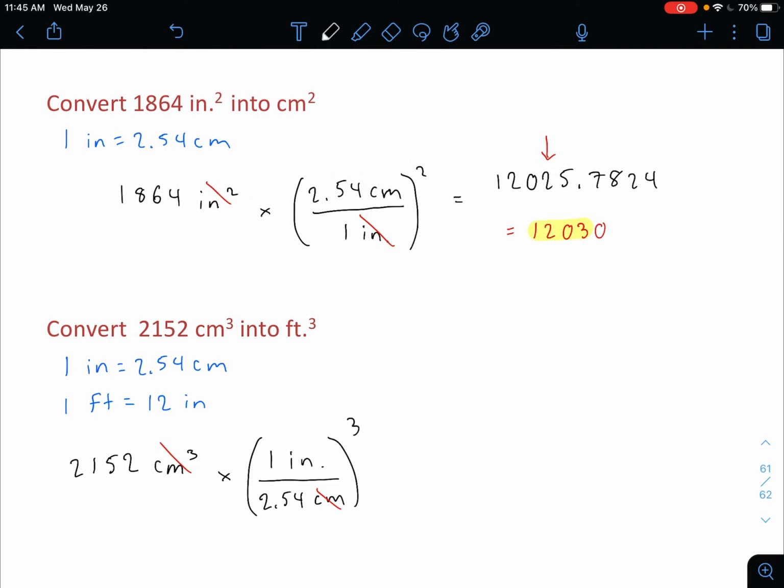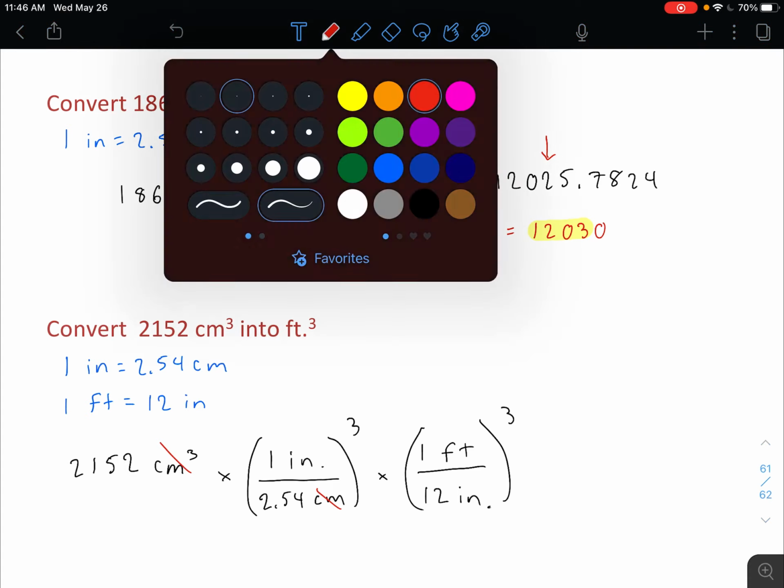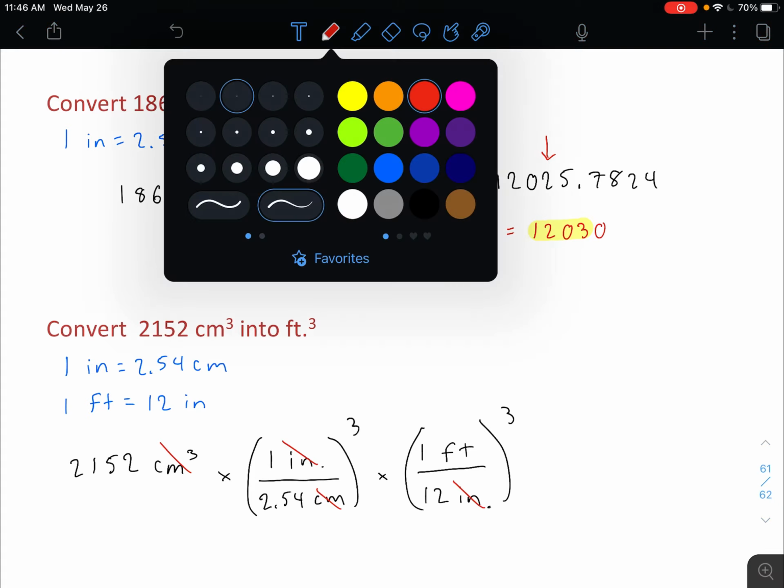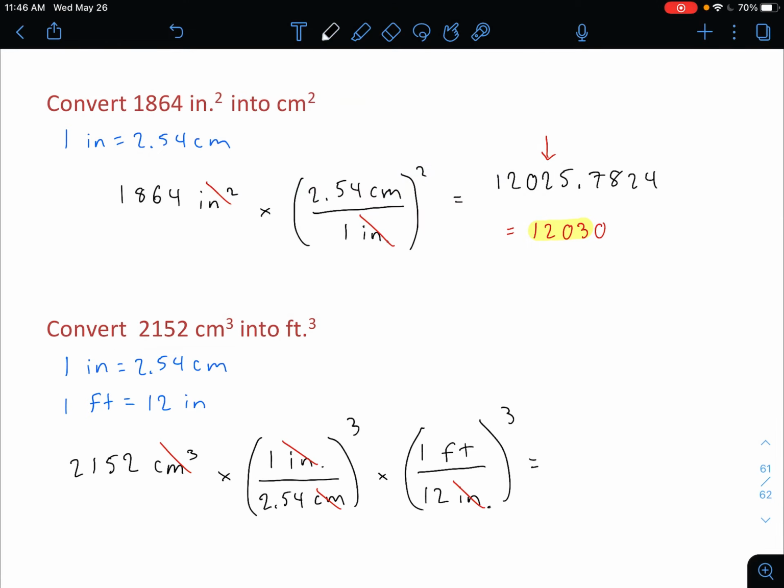Now I'm in inches cubed, and I want to go to feet cubed. So now it's going to be 1 foot divided by 12 inches, then parentheses cubed. So now these inches cubed will go with these inches cubed, and my answer will end up in feet cubed.